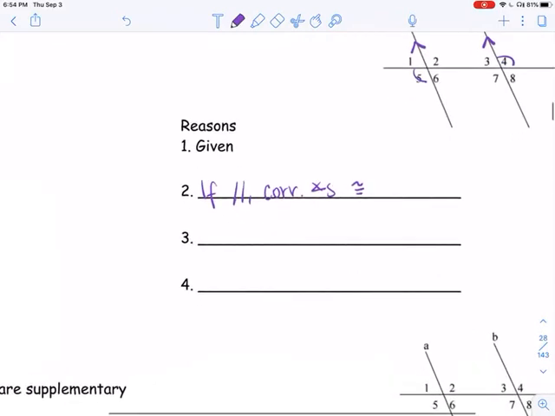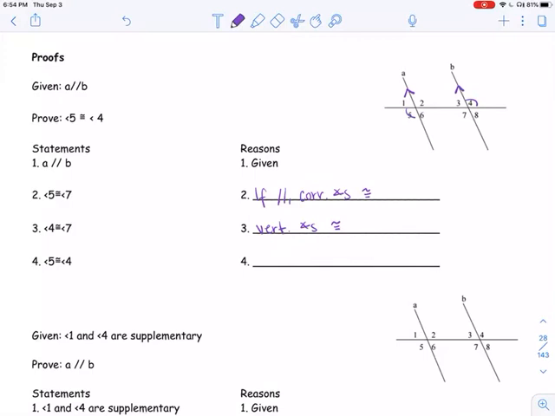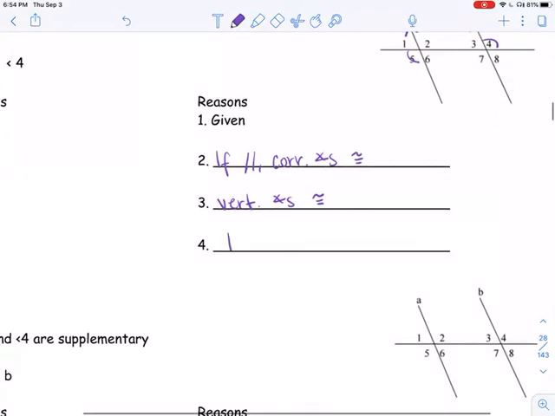Those are vertical angles, and our postulate tells us that all vertical angles are congruent. And then this is setting up for us: if 5 is 7 and 4 is 7, then 5 and 4 are also congruent. And that is our transitive property of congruence.